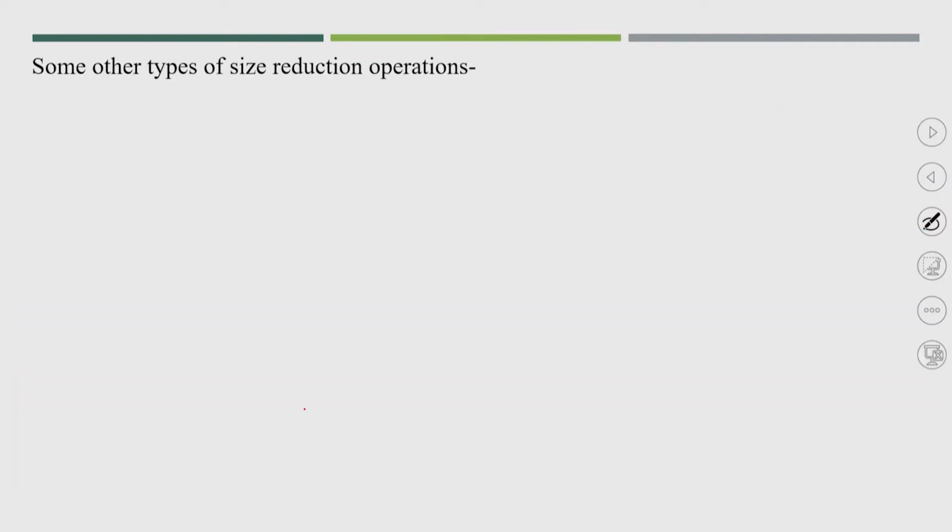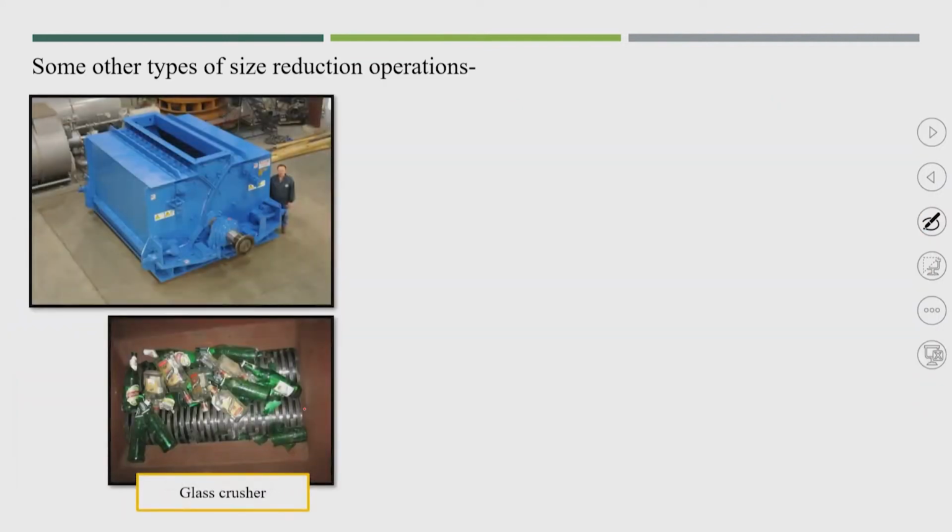Some other types of size reduction operations: this is a glass crusher. This is well known, and you can find a lot of YouTube videos of this kind of shredder, very hard crushers or shredders.